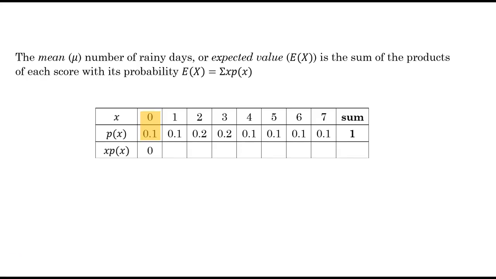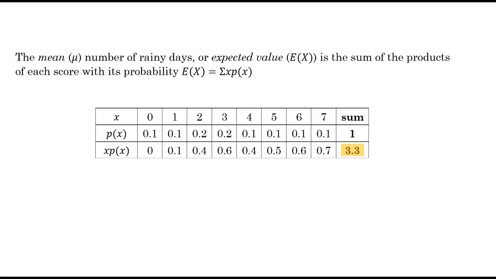So 0 times 0.1 is 0, 1 times 0.1 is 0.1, 2 times 0.2 is 0.4, 3 times 0.2 is 0.6, and so on. So I get all of those products, the value multiplied by its probability, then I add those together, and I've got 3.3. That seems reasonable enough.